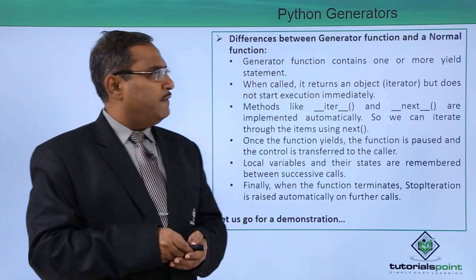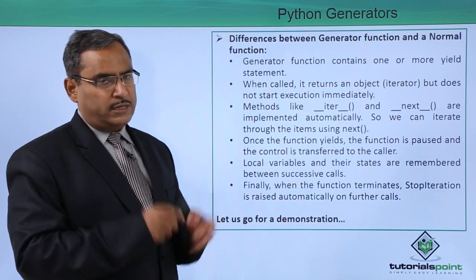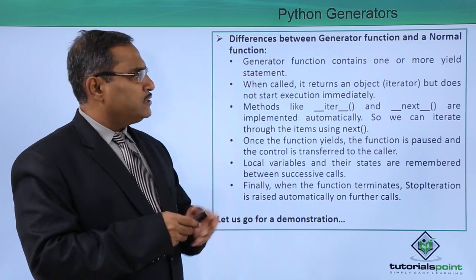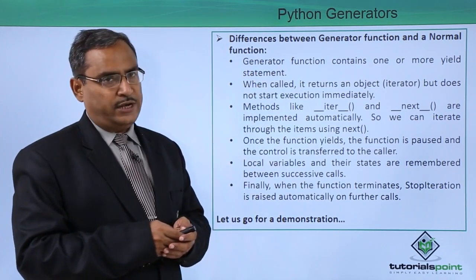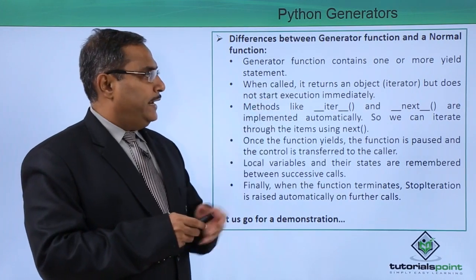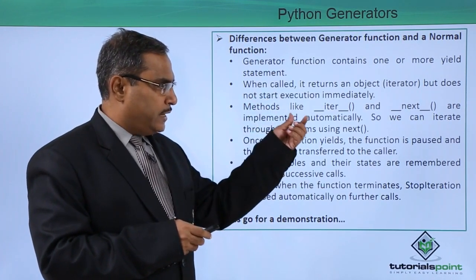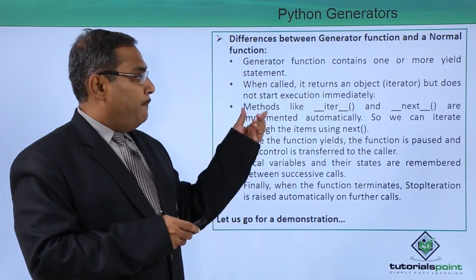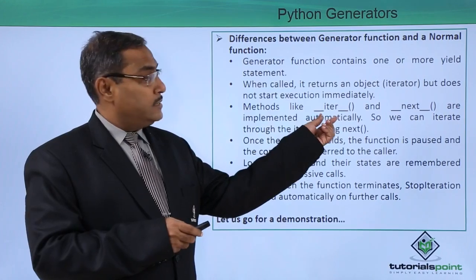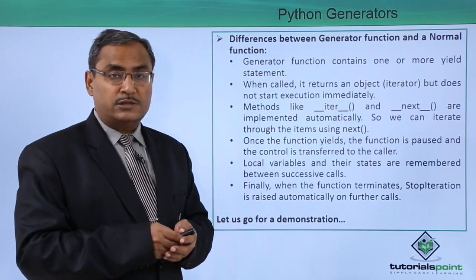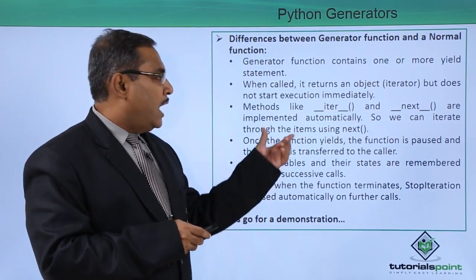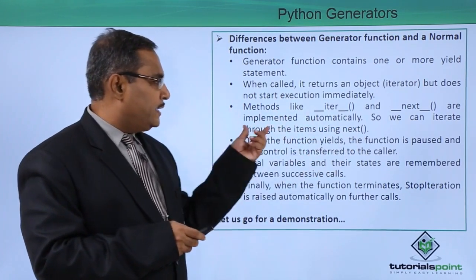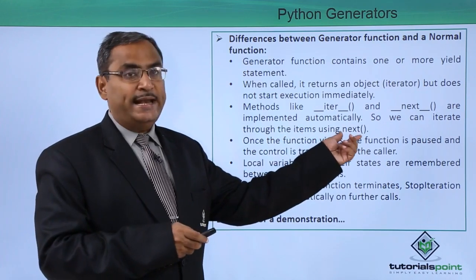Difference between the generator function and a normal function. What is the basic difference? A generator function contains one or more yield statements. When called, it returns an object, that is the iterator, but does not start execution immediately. Methods like __iter__ and __next__ are implemented automatically in our generators, so we can iterate through the items using next.